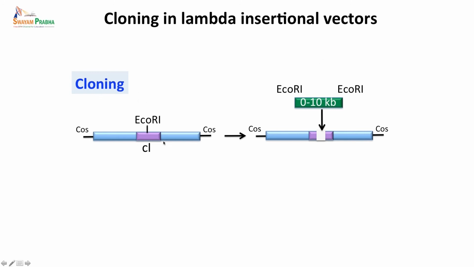Essentially both vectors, when you clone the gene into them, result in the inactivation of the CI gene. This CI gene, if you remember, was important for lysogeny. So when you disrupt the CI gene due to cloning, the recombinant vectors will basically undergo the lytic cycle.